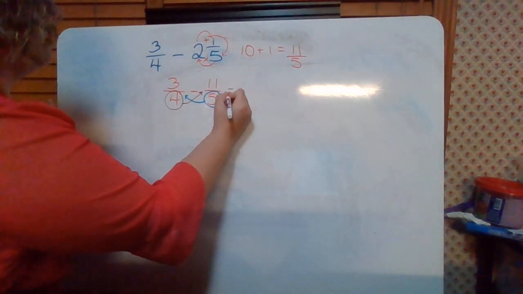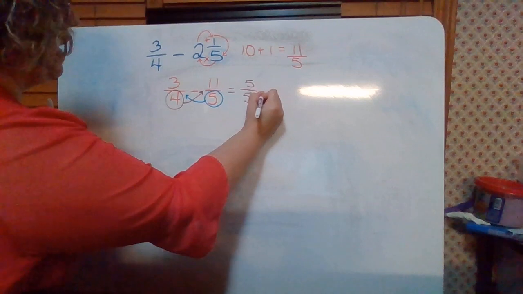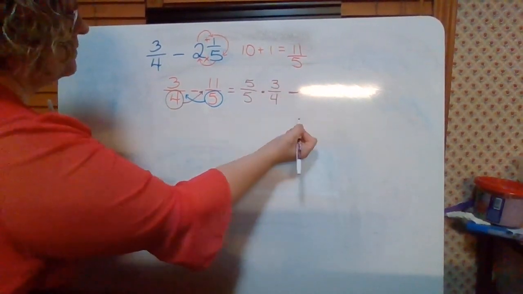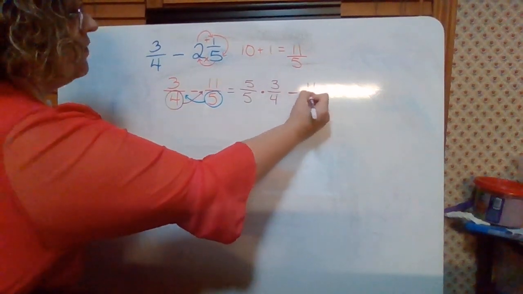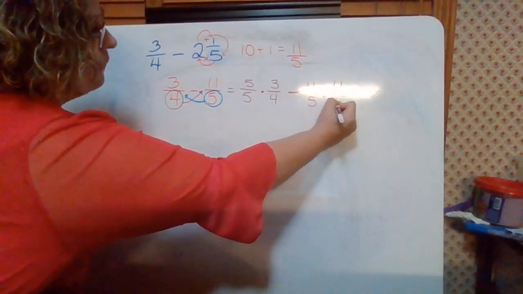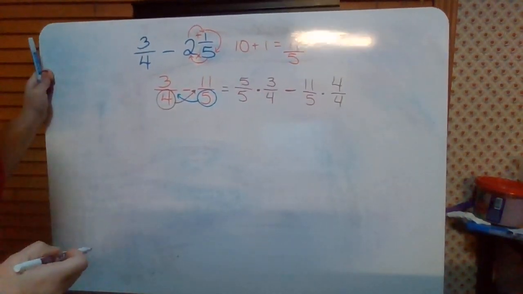This gives me 5/5 times 3/4 minus 11/5 times 4/4.